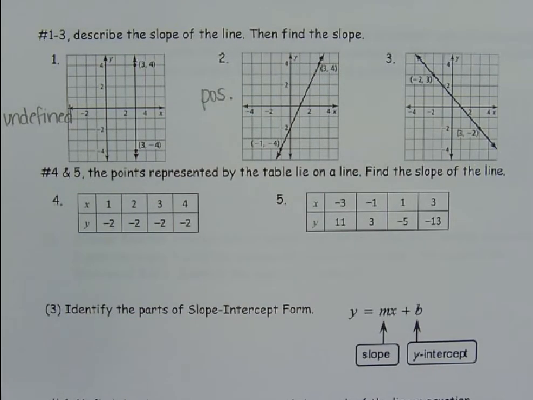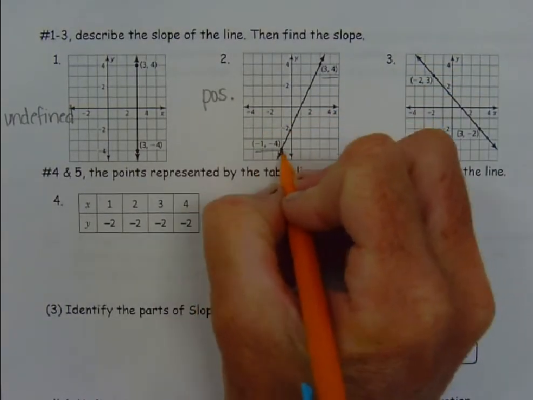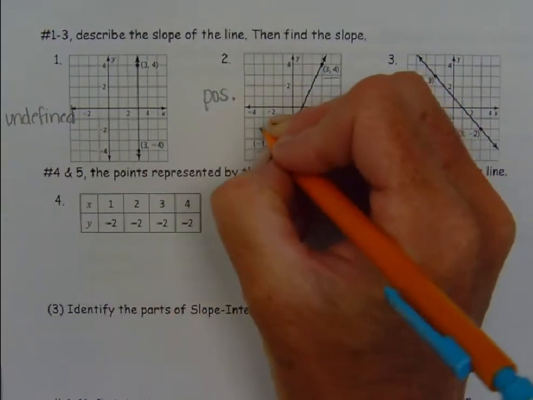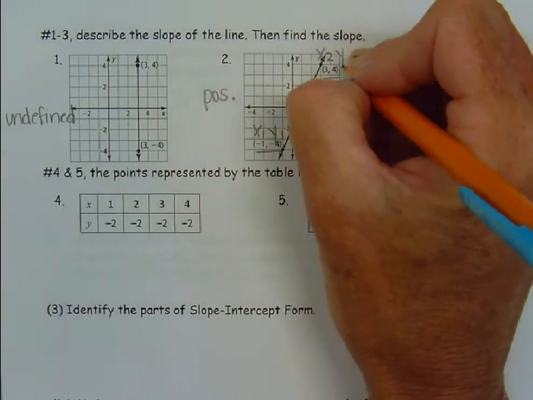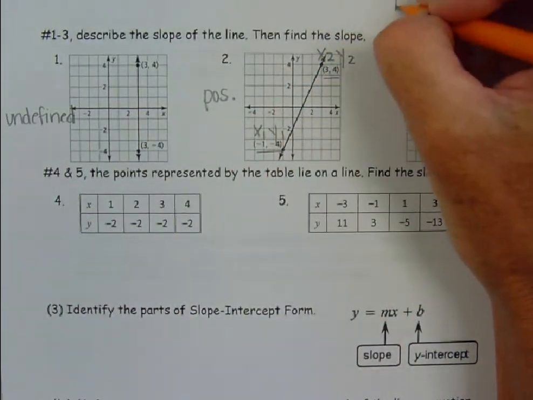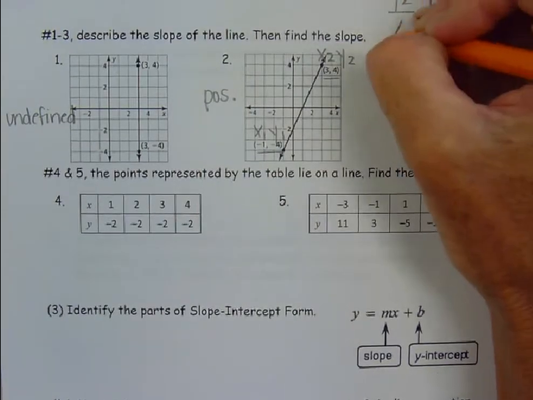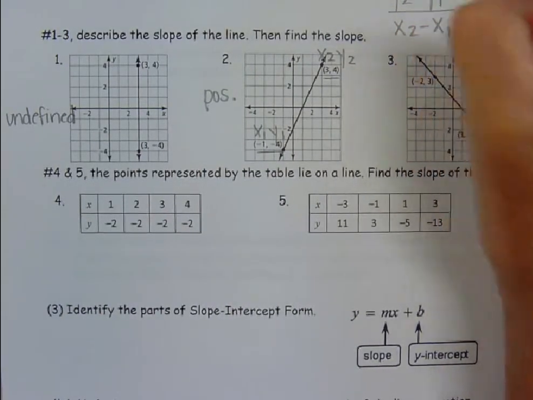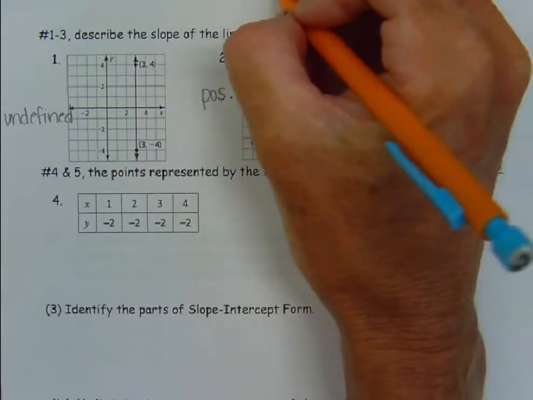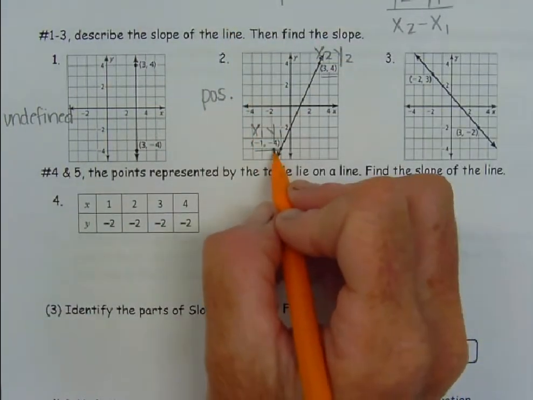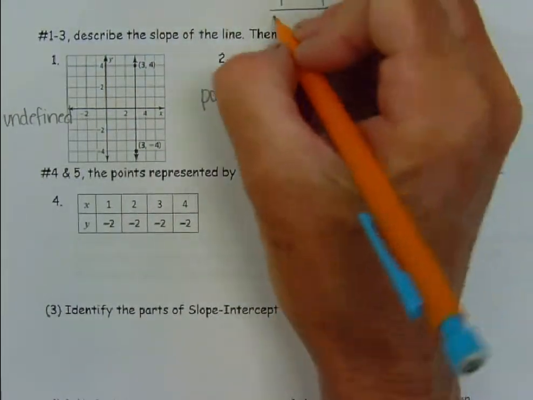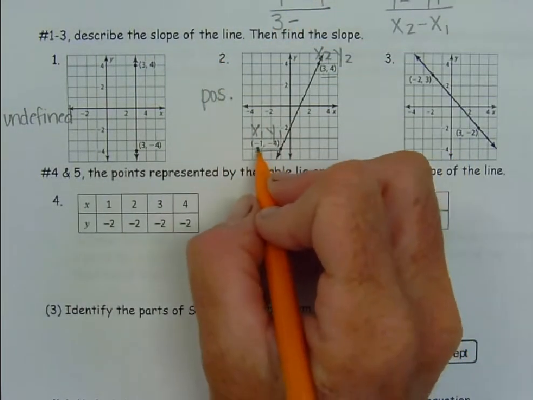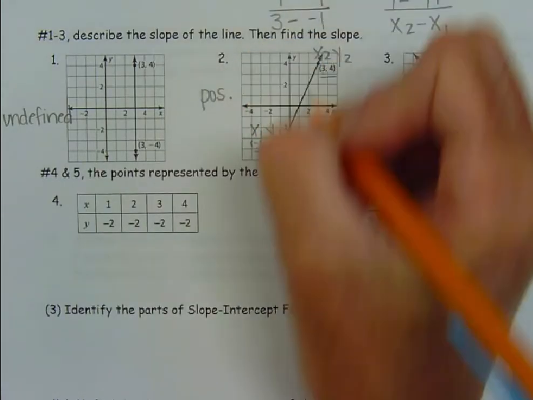There are lots of different ways of calculating it. One way is to take your 2 points and use your slope formula. So we call this x1, y1, x2, y2. And your slope formula said y2, 4, minus y1, which is -4, over x2, which is 3, minus x1, which is -1.